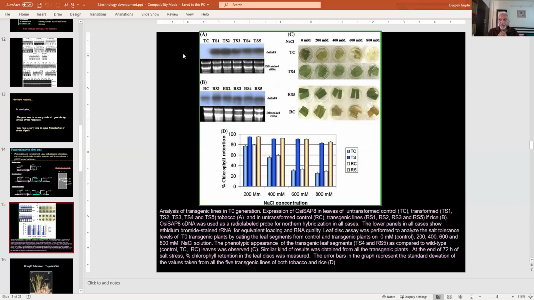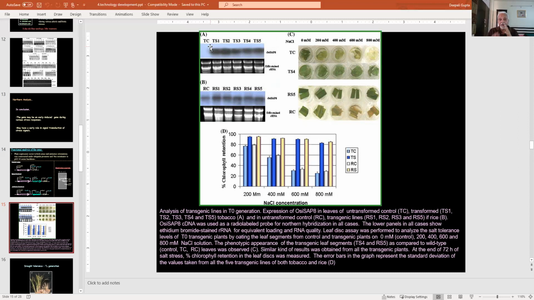This study was done both in rice and in tobacco. It means that the rice gene has been put into rice and the rice gene put in tobacco. So both homologous and heterologous systems were checked: what happens when you take the gene from one system to another system.